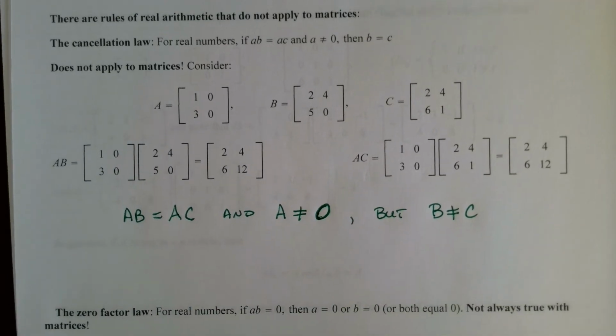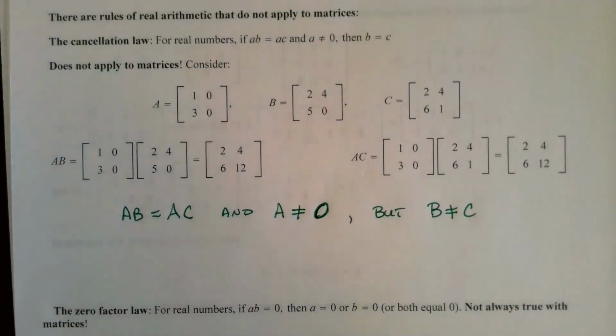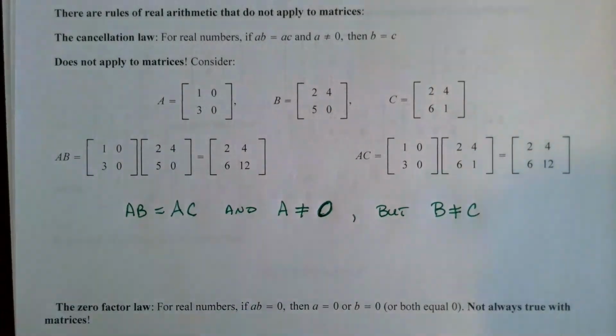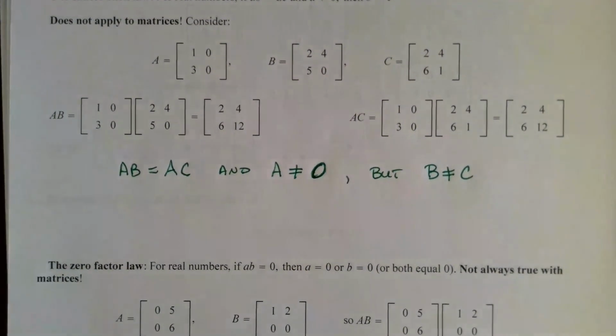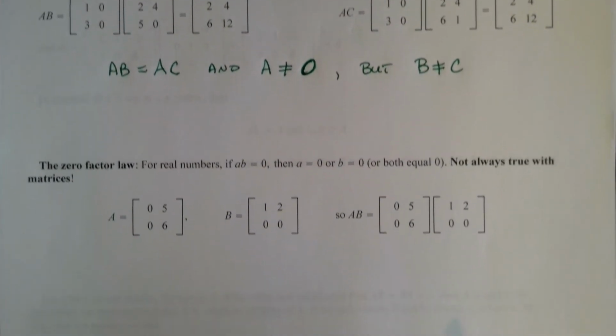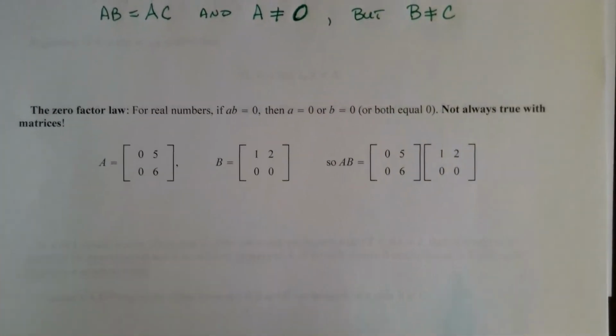And that's really different. So the cancellation law works for real numbers, but not for matrices. And here's one more to close with. It's different from what we're used to.